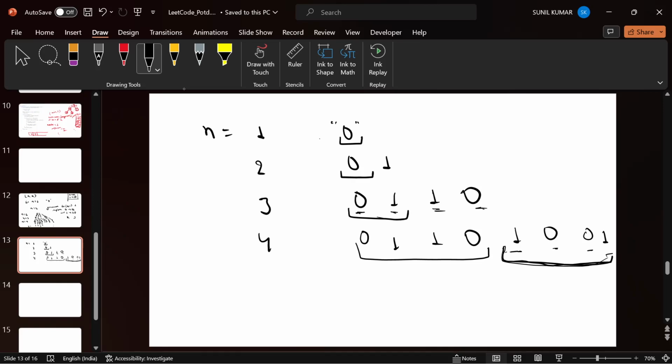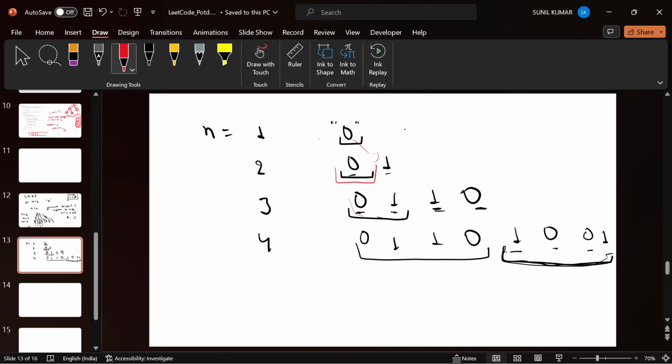Similarly, assume in this question the first half is the same, 0 1. For the next part, here it is 0, then we get 1. Here it is 1, we get 0. Okay, hope you understand this. This is completely observation based. You need to observe. So look, for n equals 2 the first half is the copy, and the next part is the inverse.